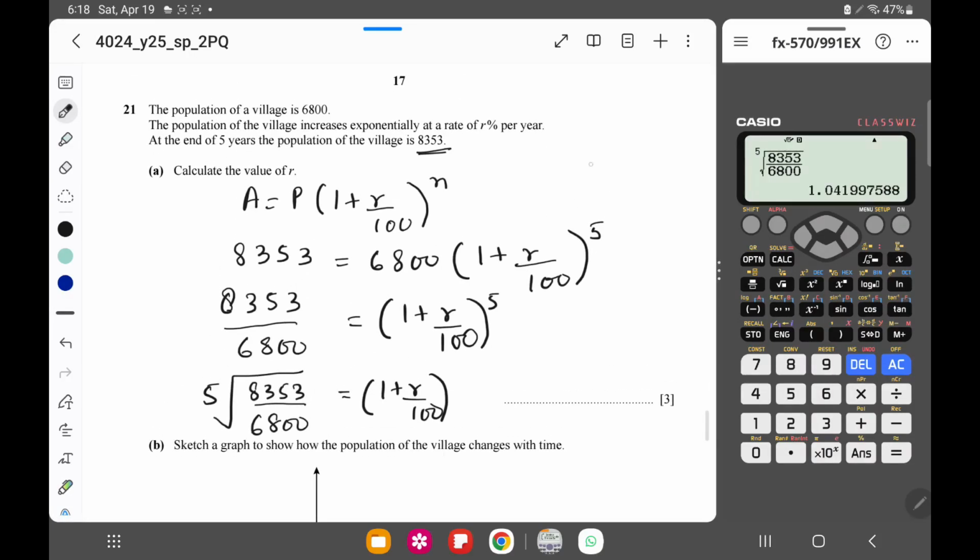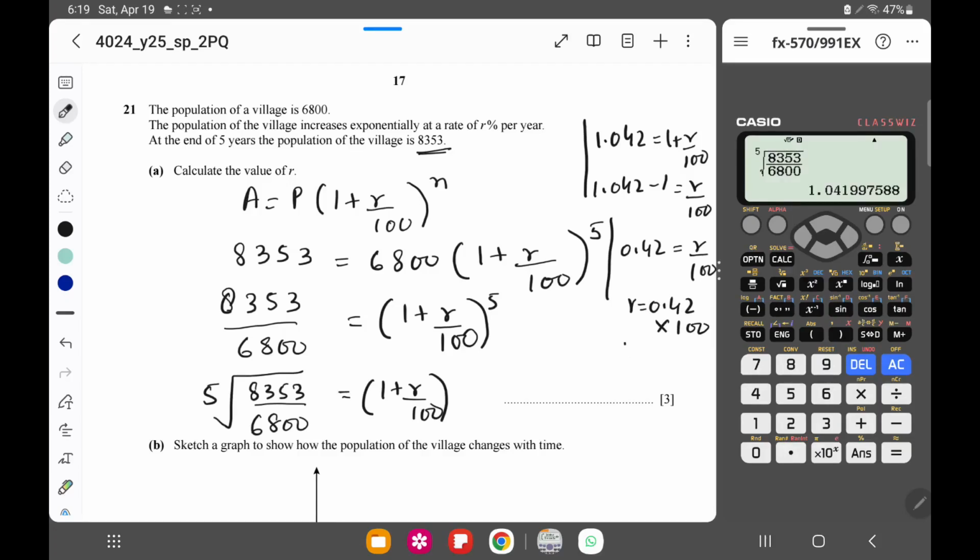1.042 is equals to 1 plus r over 100. So that is 1.042 minus 1 is equals to r over 100. Then it will become 0.042 is equals to r over 100.